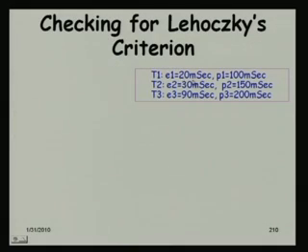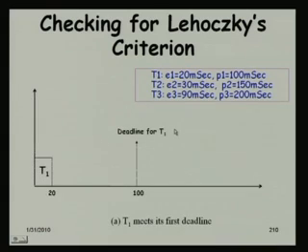So, these are the 3 tasks: 20 and 100, 30 and 150, and 90 and 200. First, let us try the first task T1. Let us try drawing the schedule and see what happens, and then we will use the formula.